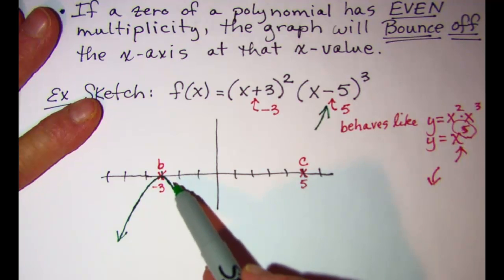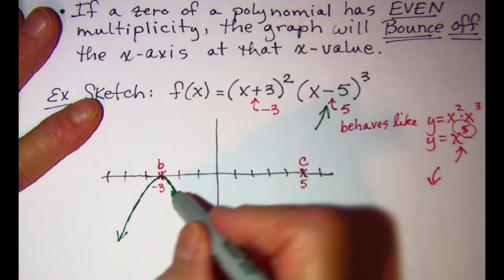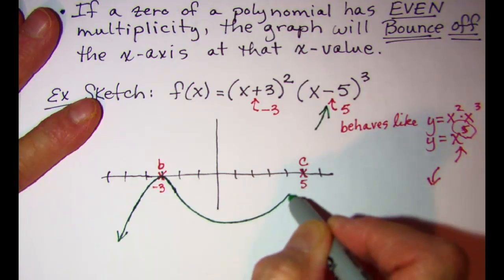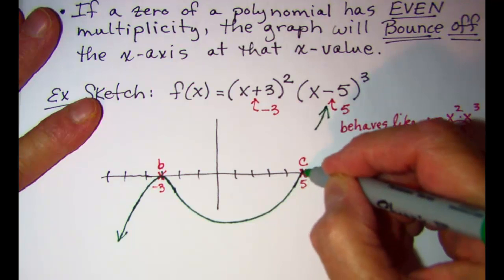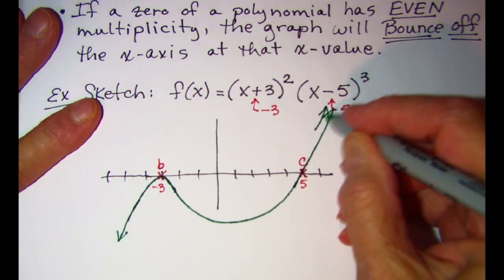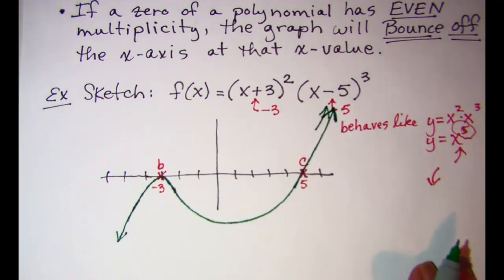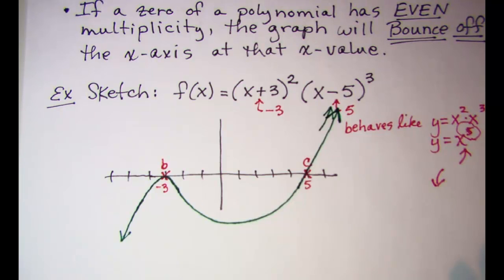And then the next thing that I'm going to do is over here at this 5, at this zero. So I need to head in that direction. And when I get there, I'm going to cut through the axis and then just keep heading up. So my graph looks like this, just the general behavior.